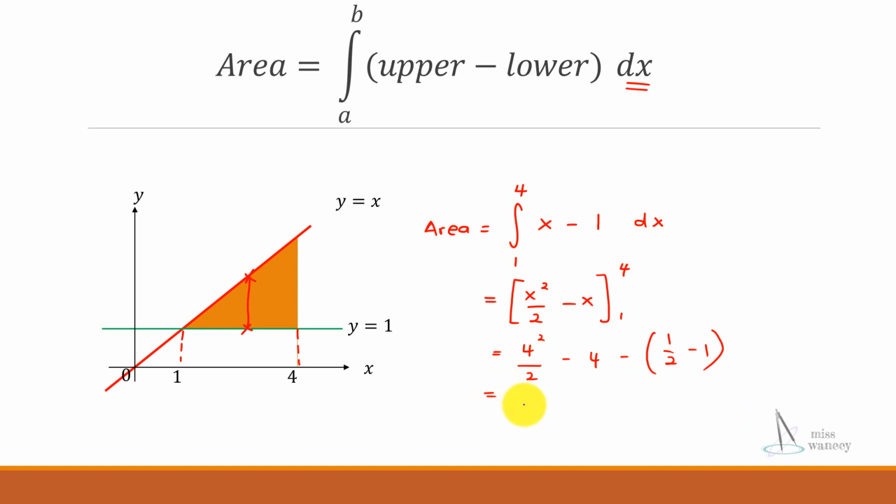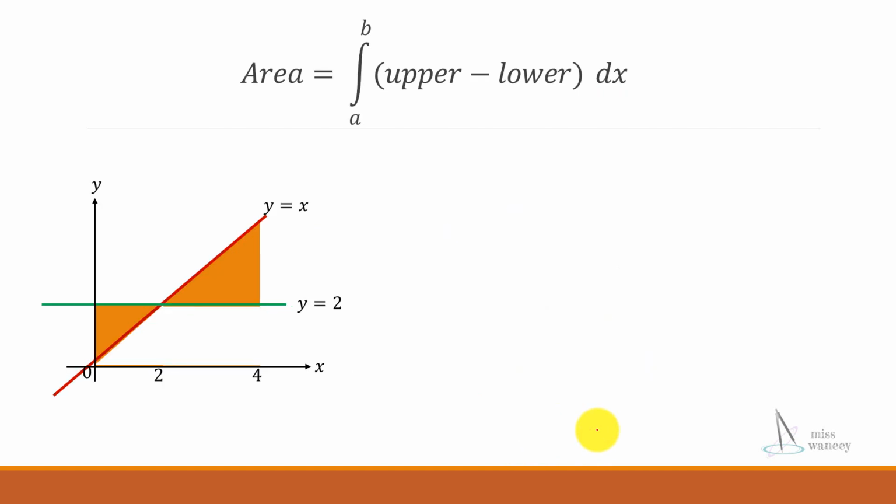So 4 squared is 16, 16 over 2 is 8. So 8 minus 4. And then 1 over 2 minus 1, that is negative half, so this is positive half. So we have 4 plus half. So this is 9 over 2 unit square.